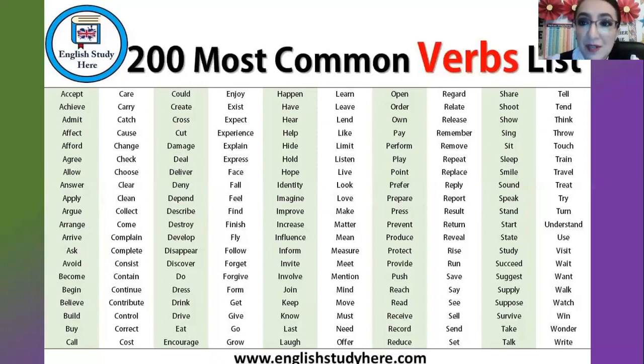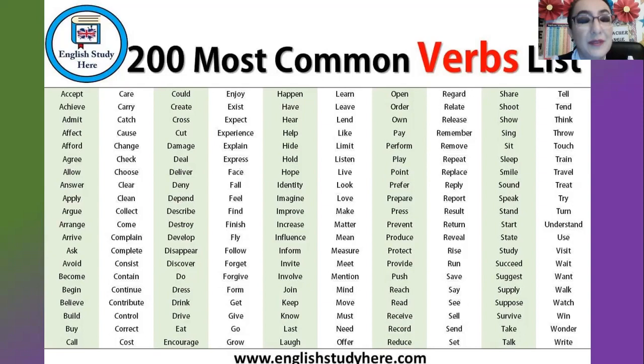So first of all, we are going to start with present simple. Remember that at least we need to know 200 verbs. At least, yes, at least. Here you have this list where you are going to be finding the 200 most common verbs in English, but indeed we are going to be having more verbs like this.